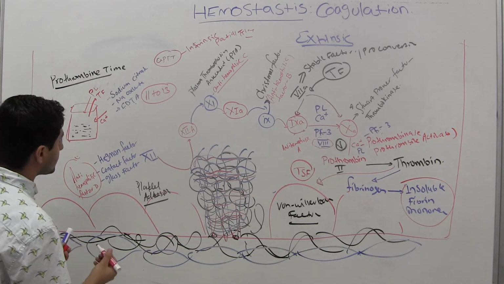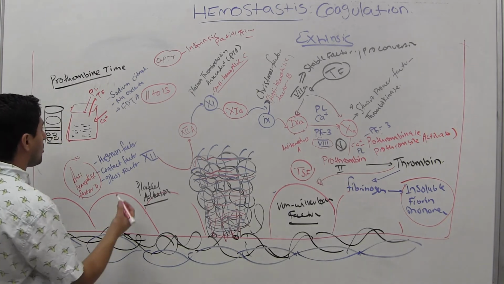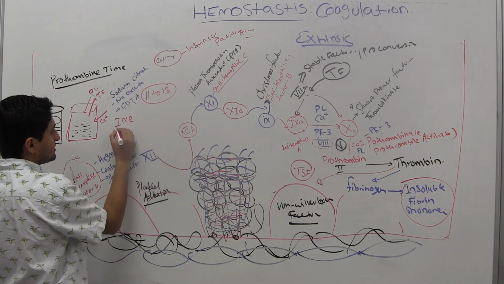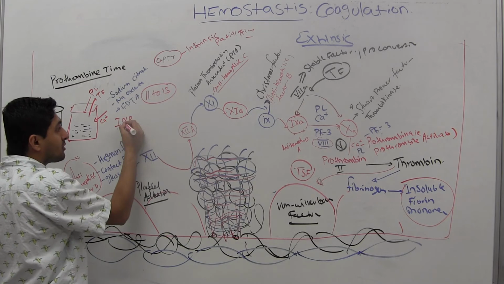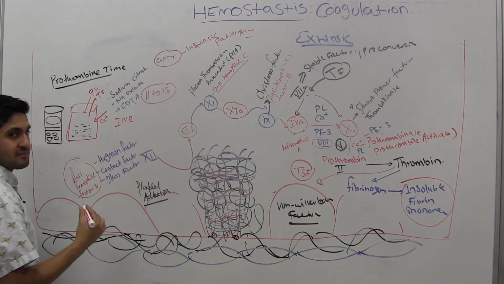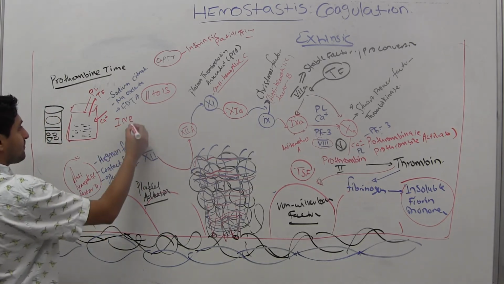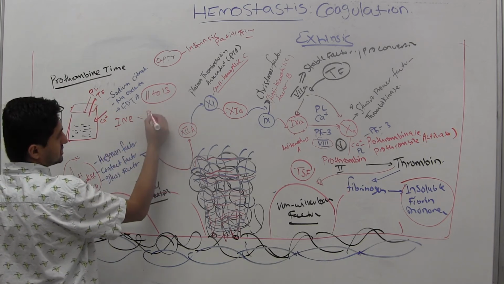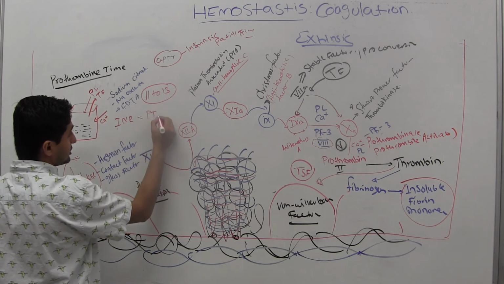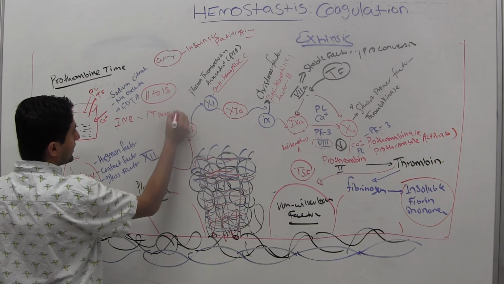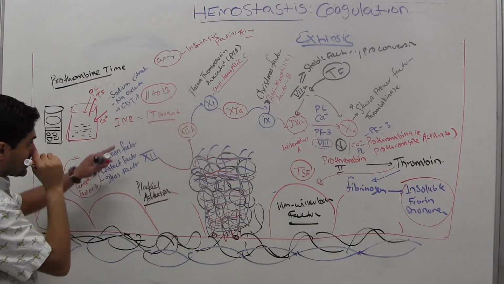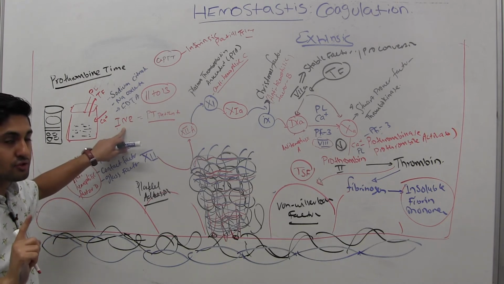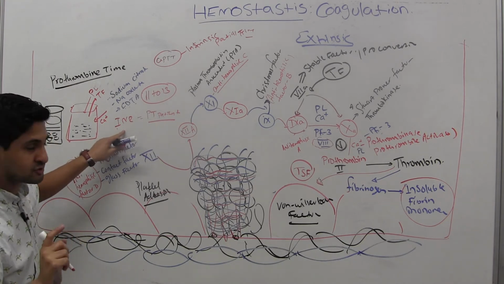Let me quickly talk about another concept called INR. What is the concept of INR? It basically means international normalized ratio, and it is only used for the extrinsic pathway, not for the intrinsic pathway.